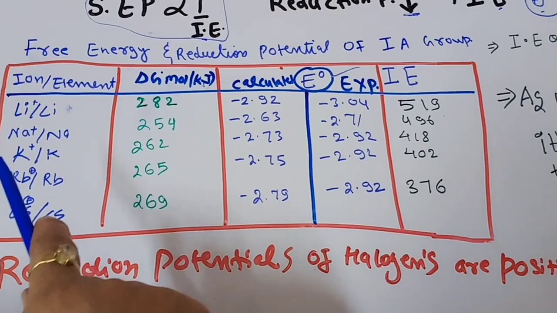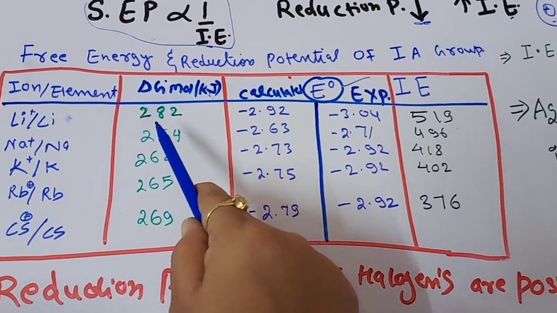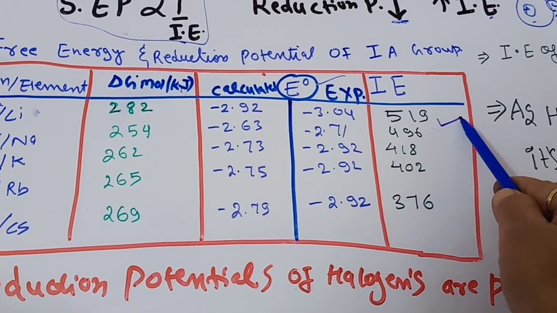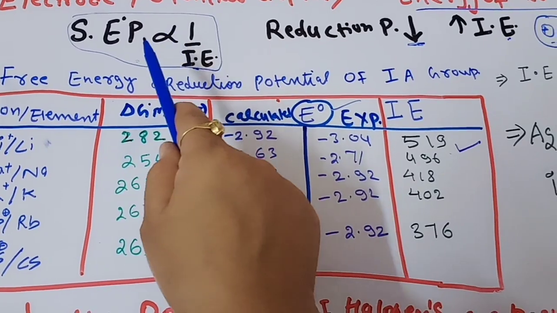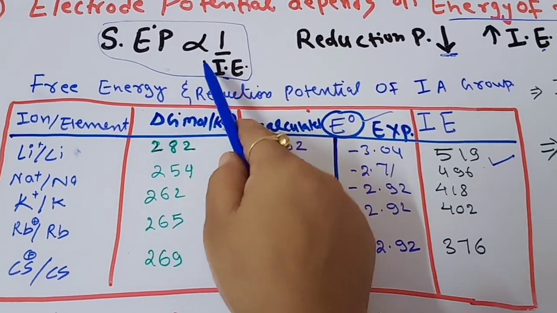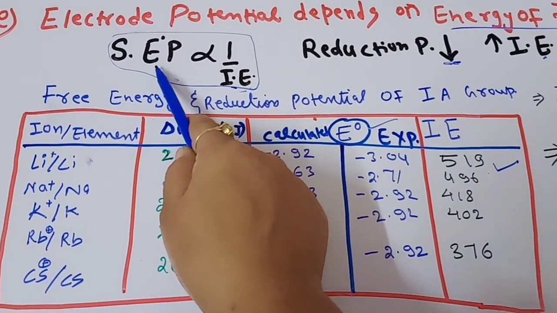So we can see from this table that lithium has the highest ionization energy, that is 519. The standard electrode potential of lithium should be inversely proportional to the ionization energy. So if ionization energy is high, this should be less.